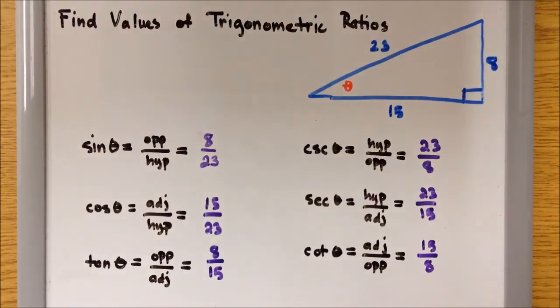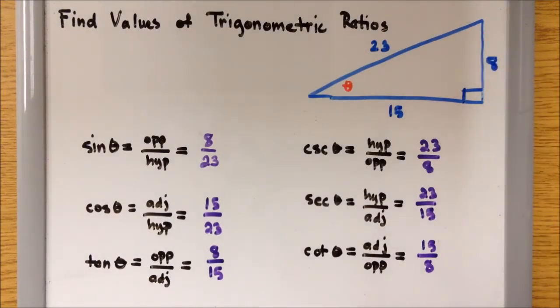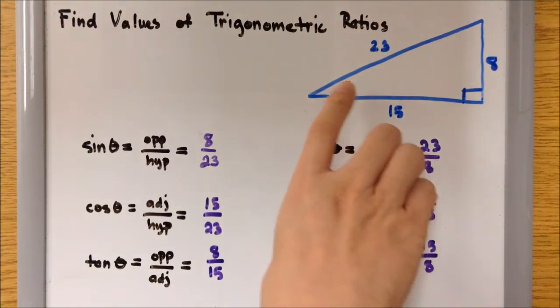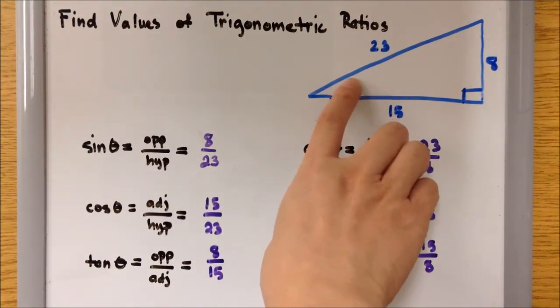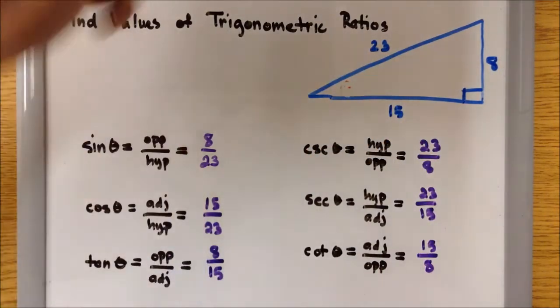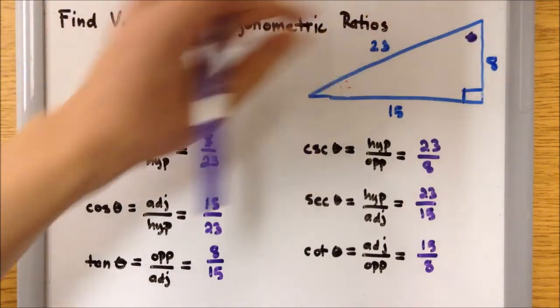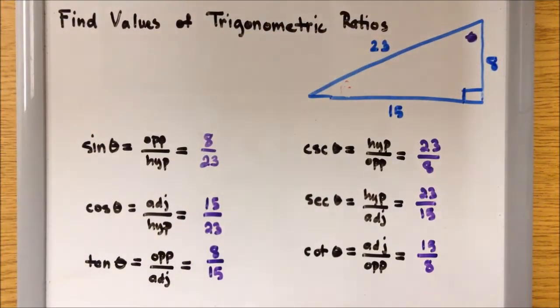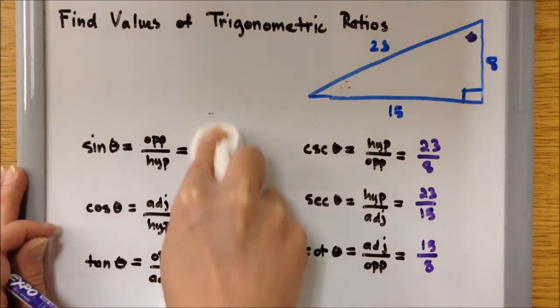Now say that the angle is in a different position. So here, maybe they're going to ask you for this angle. So instead of being over here, maybe it's asking you to find the ratio when the angle theta is over here. So if that's the change, then your answer will be different but using the same numbers.